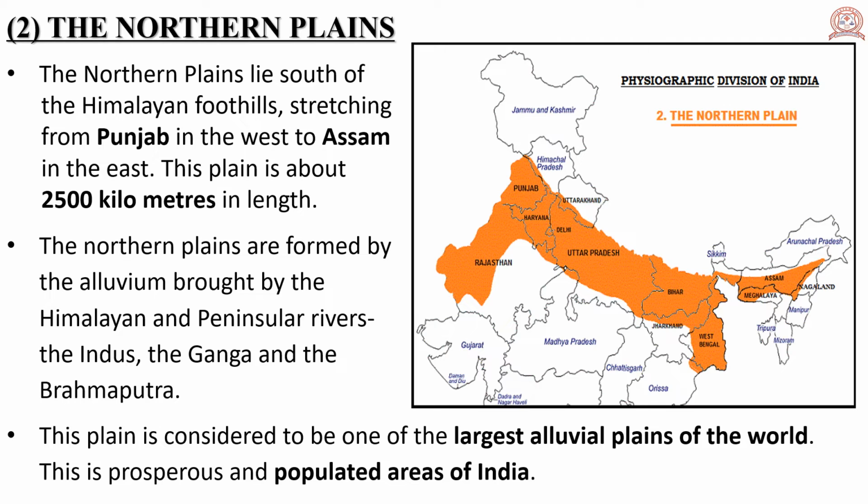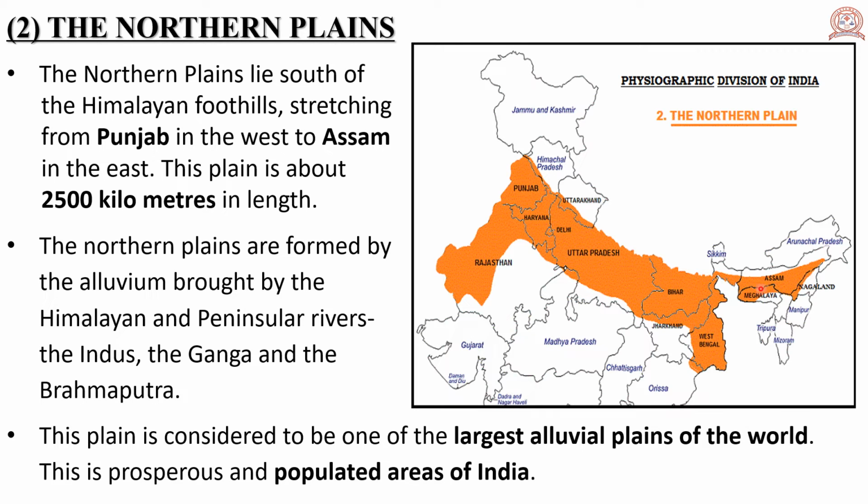Second one is the northern plains. The northern plains lie south of the Himalayan foothills. It is stretching from Punjab in the west to Assam in the east.